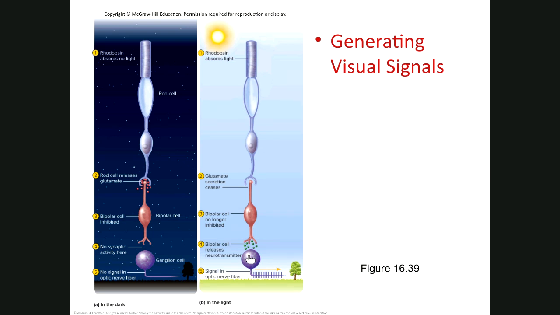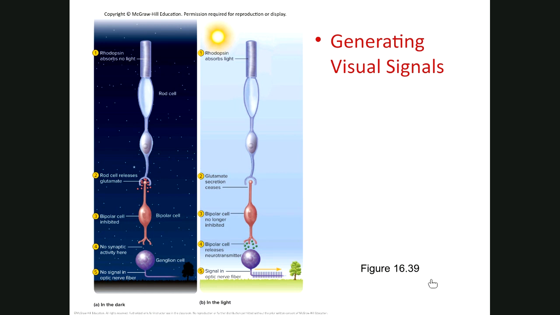So again, with exposure to light, the rod cell will not release glutamate, which then makes the bipolar cells stimulate the ganglion cells, and you end up with an image.